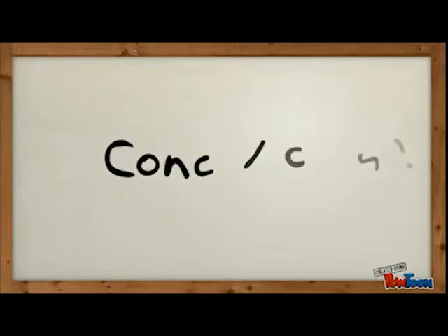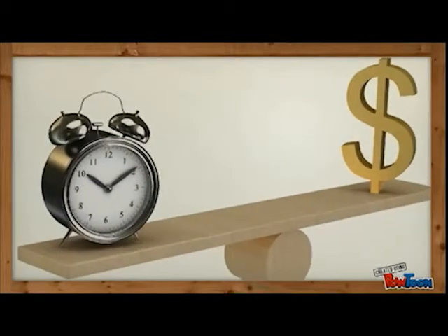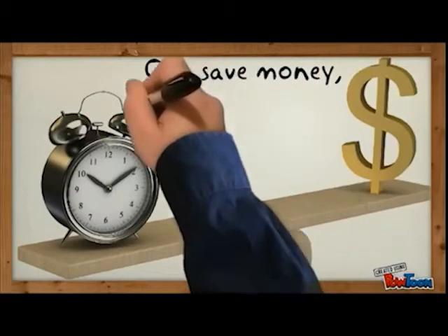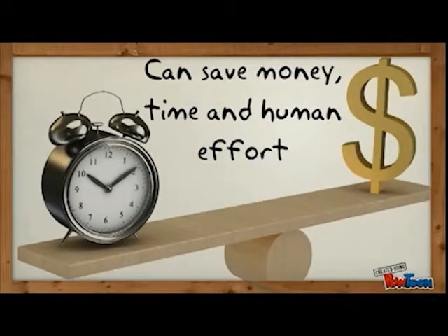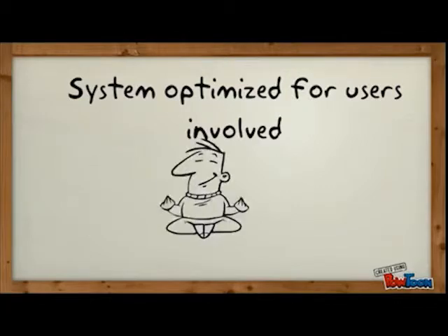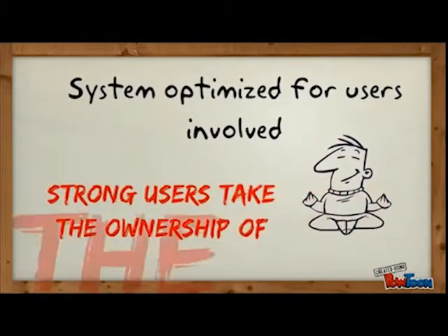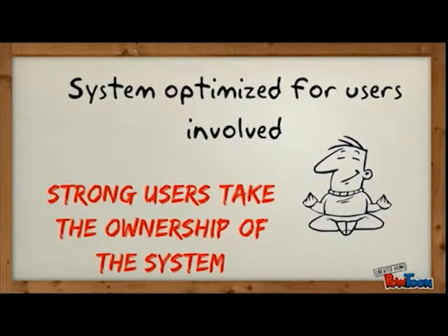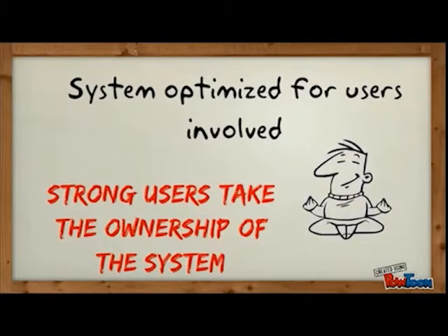The conclusion. We can now see advantages and disadvantages of RAD. RAD can save money, time and human effort, and it was introduced especially for time-challenged projects. Since the system gets optimized for the users involved, strong users take the ownership of the system. They change the system according to their needs.